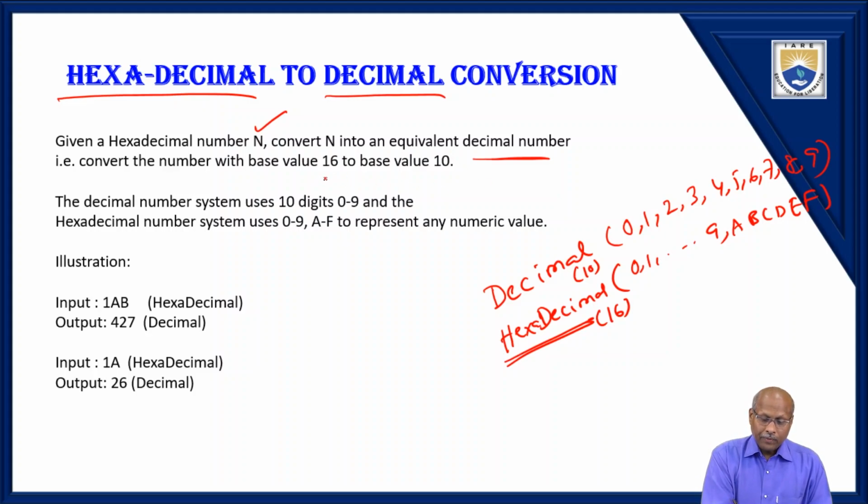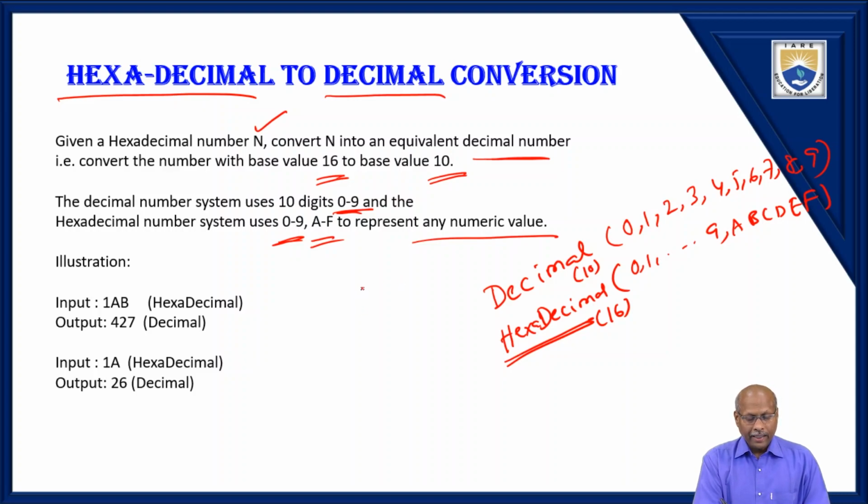For hexadecimal, the base value is 16 and for decimal, the base value is 10. The decimal number system uses 10 digits, 0 to 9, and hexadecimal supports 0 to 9 as well as A to F to represent the numeric value.